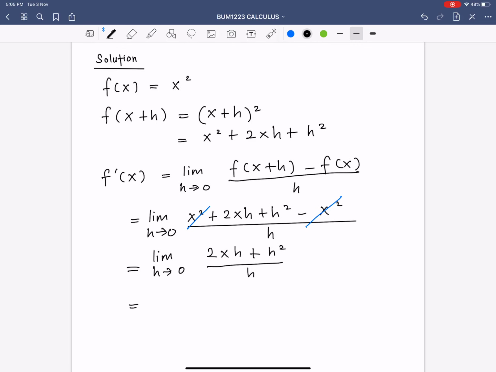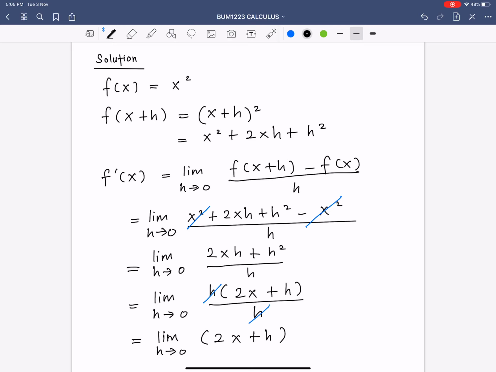So from there, we have the limit as h approaches 0. We factor out the variable h, giving h times (2x plus h) over h. From here, we can cancel out the variable h. Therefore, we get the limit as h approaches 0 of 2x plus h.